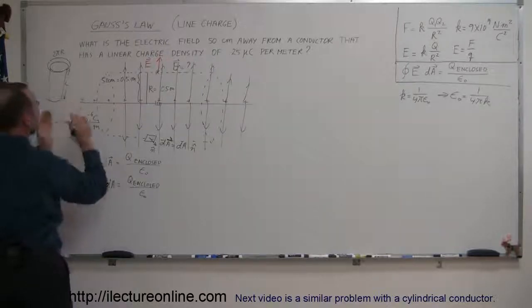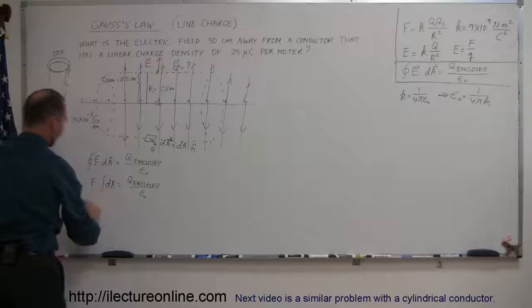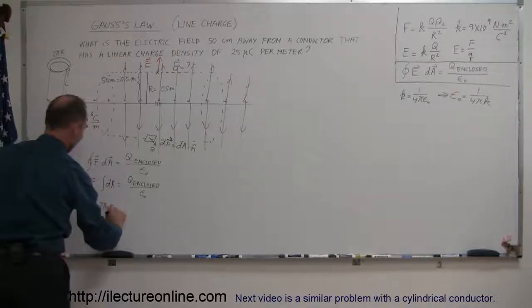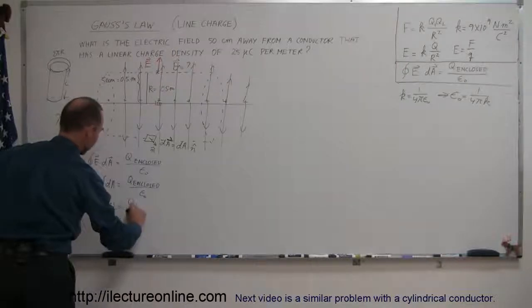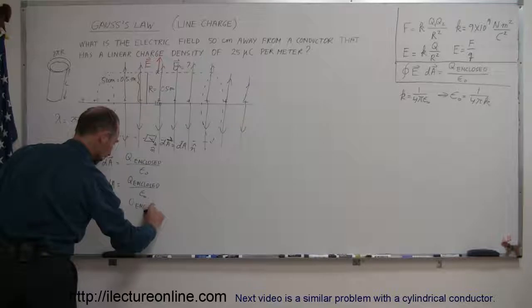So the area of a cylinder is 2 pi r times the length, and so we can replace this by E times 2 pi r times the length equals the Q enclosed divided by epsilon sub naught.